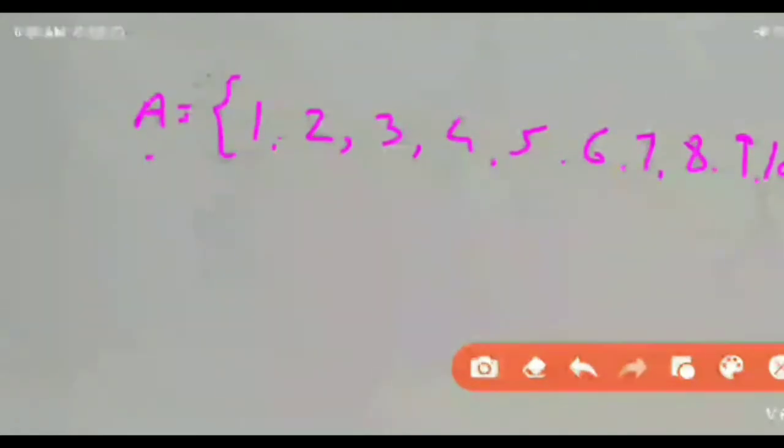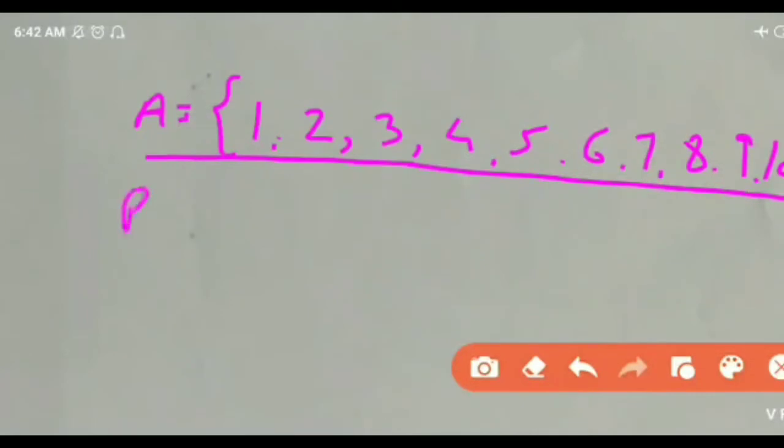So I wrote here a set of numbers from 1 to 10, and that set is called set A. Now I will write set B, and inside it I will write the even numbers 2, 4, 6, 8 and 10.